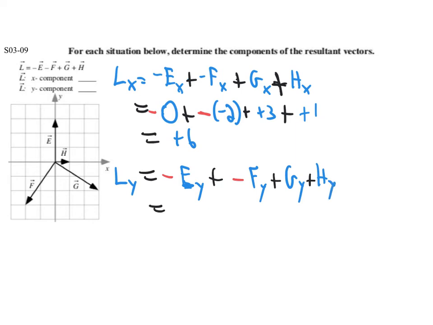And looking at our guy, EY is 3. FY is minus 3.